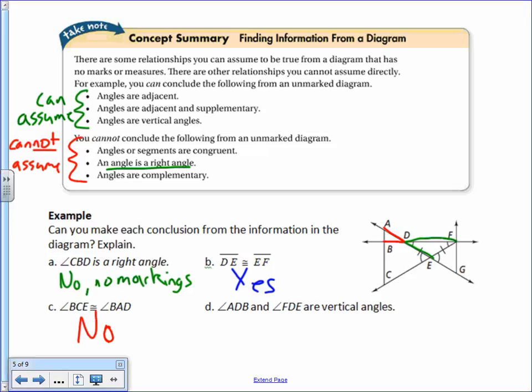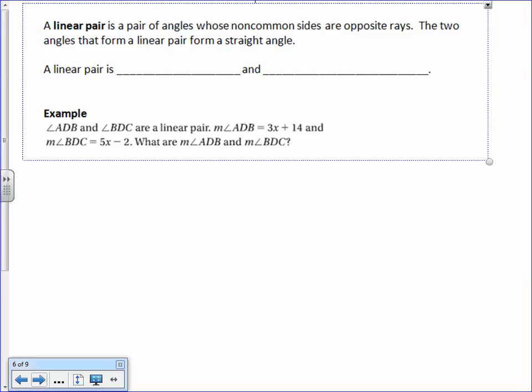As long as they have opposite rays, so these would be opposites right here, these would be opposites right here, then yes, you can assume it. Okay, and that's one of the things you can assume. You can assume angles are vertical angles. Alright, so that's assumptions and non-assumptions. Now, the very last thing that I want to do for this is just talk about what linear pairs are.